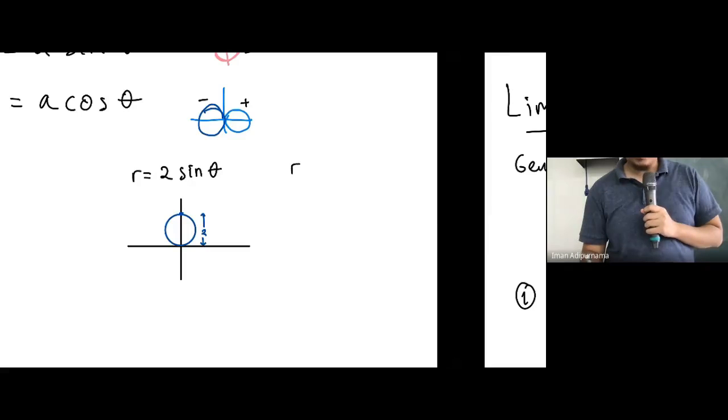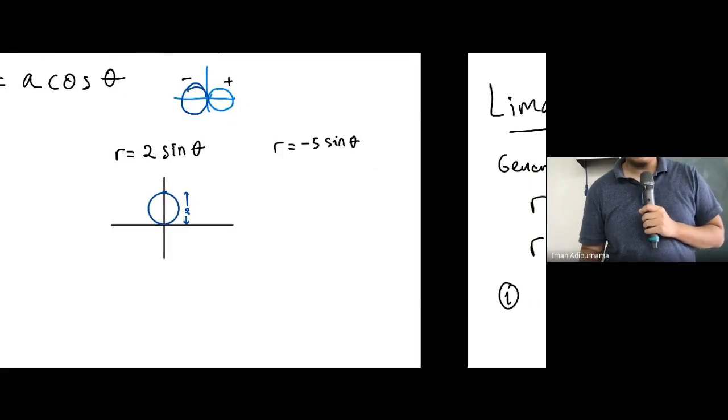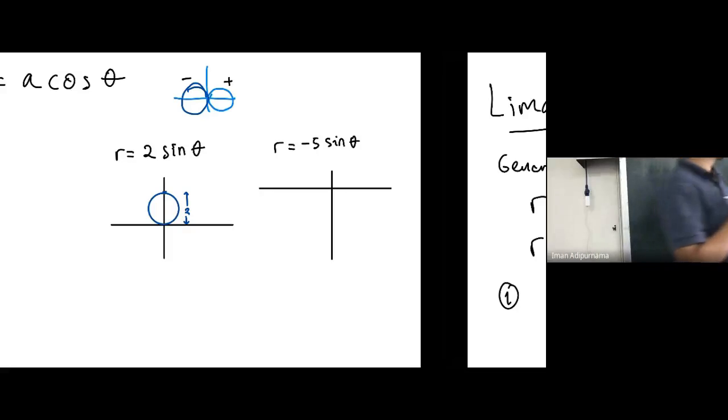If we have r equals negative 5 sine theta. Now, remember, we don't have an exact negative radius, right? But when you draw this negative, it's actually the same thing as drawing the positive one and flipping it.